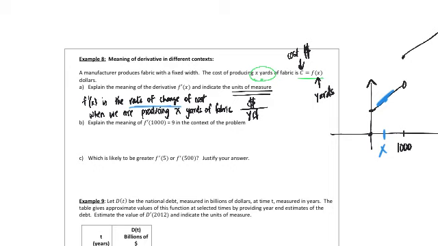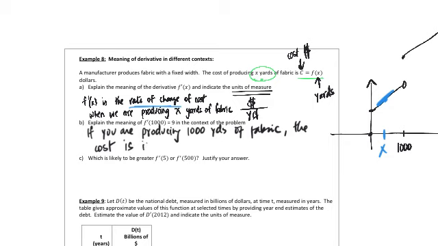Explain the meaning of f prime of 1000 equals 9 in the context of the problem. Well, this means that if you are producing 1000 yards of fabric, then in that specific situation, the cost is increasing at a rate of $9 a yard, right?